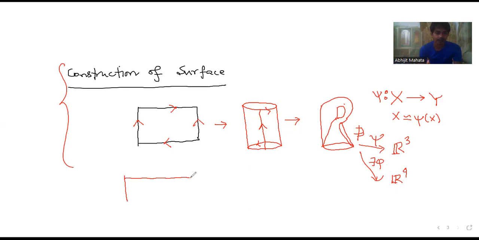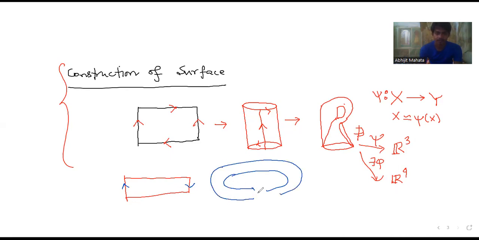You take a strip, take this orientation and this orientation, and put it here. So from here to here we are getting it, and it is embedded in R3.